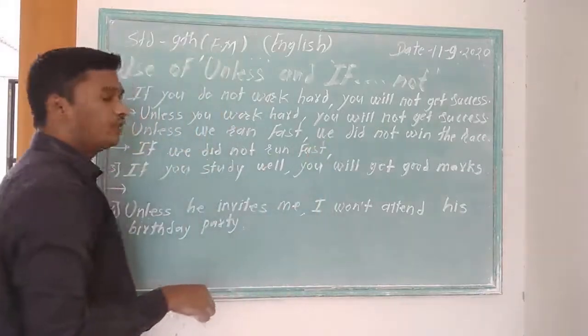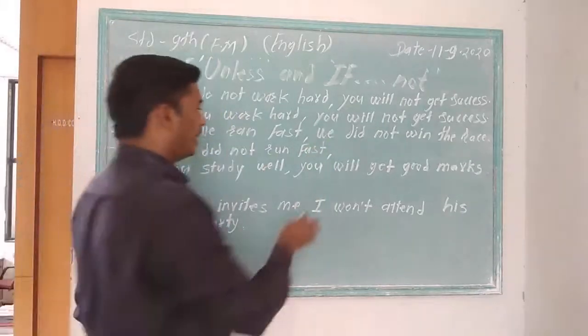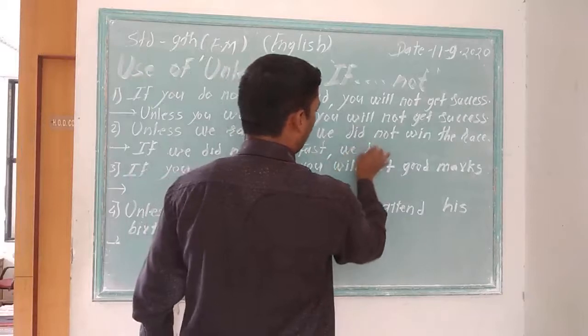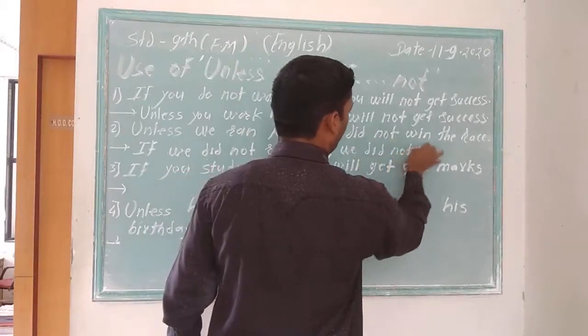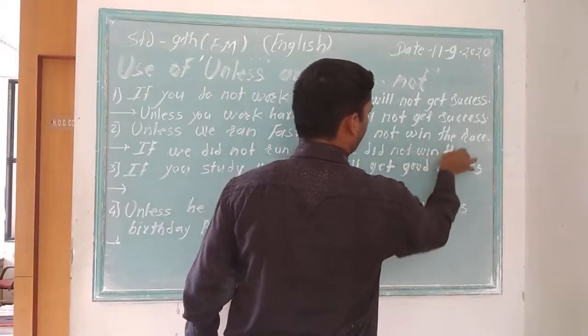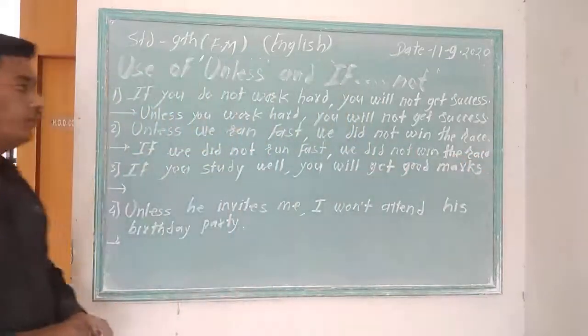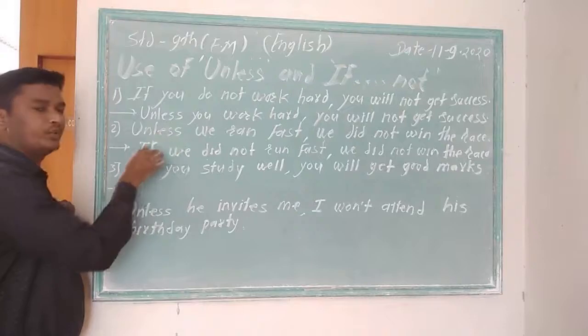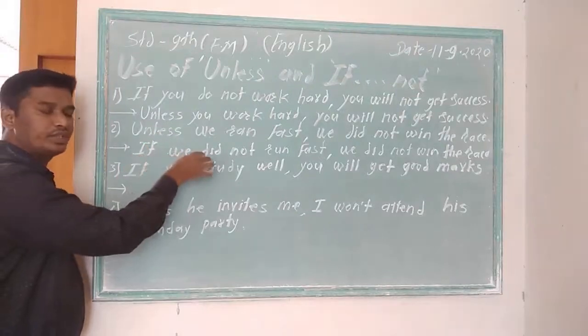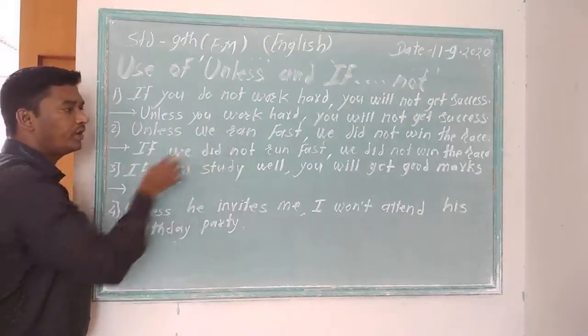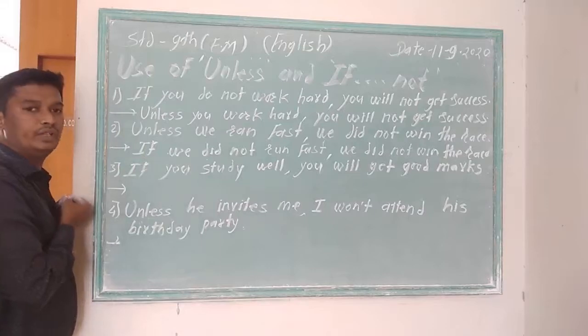If we did not run fast, next clause as it is: we did not win the race. Replace unless with if, make this clause negative. If we did not run fast, we did not win the race.